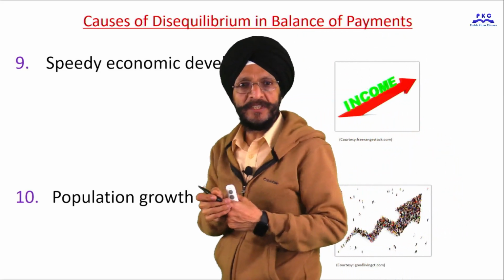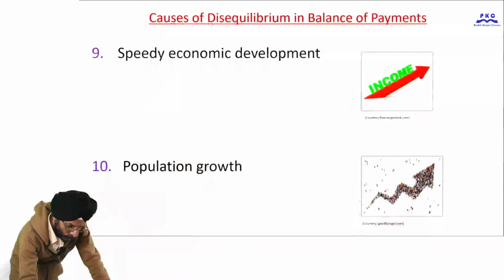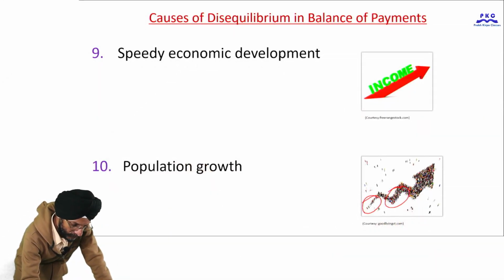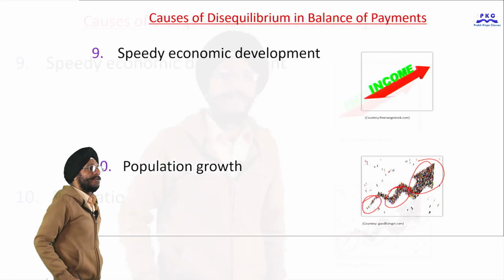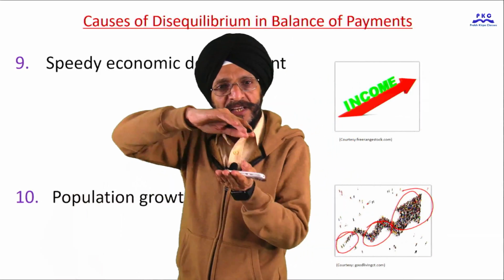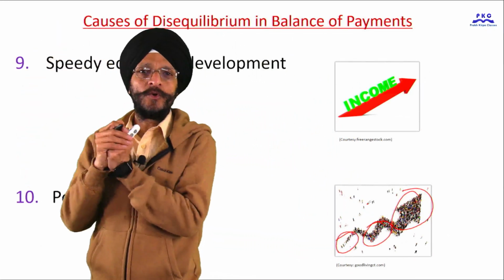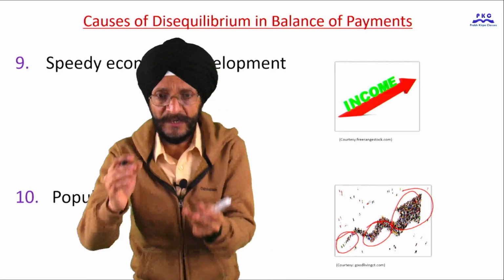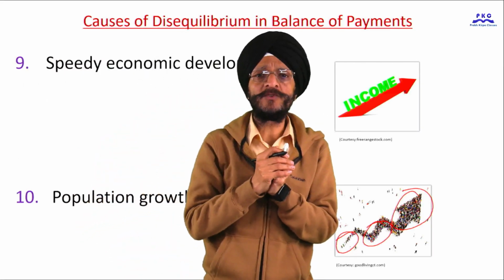Next point is population growth. As shown in this figure, population is very less, it is slowly and slowly increasing. And what happens when the population of the country increases slowly, we will understand how it affects balance of payments.